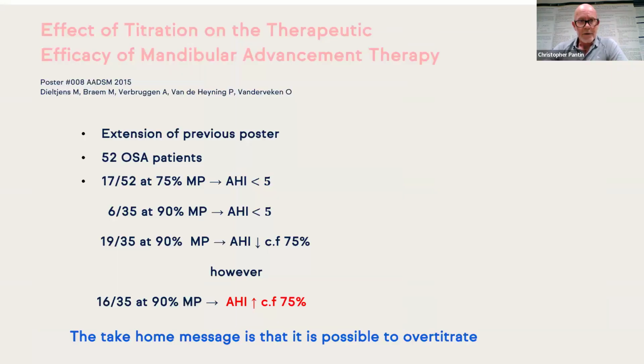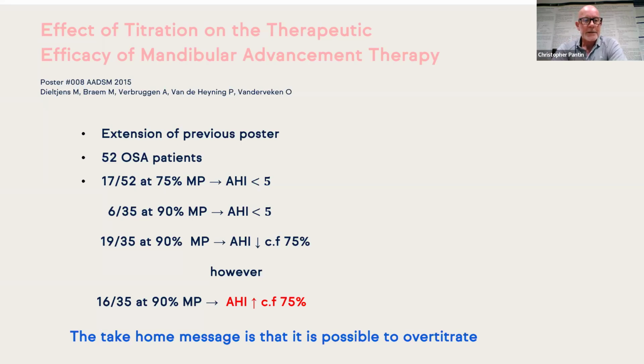Okay, so this is the sobering slide at the end. This one is about the risk of over-titrating. In this case, there were 52 patients. They had sleep studies at 75% protrusion, and if they didn't have an AHI less than 5, they were then offered another sleep study at 90% protrusion.